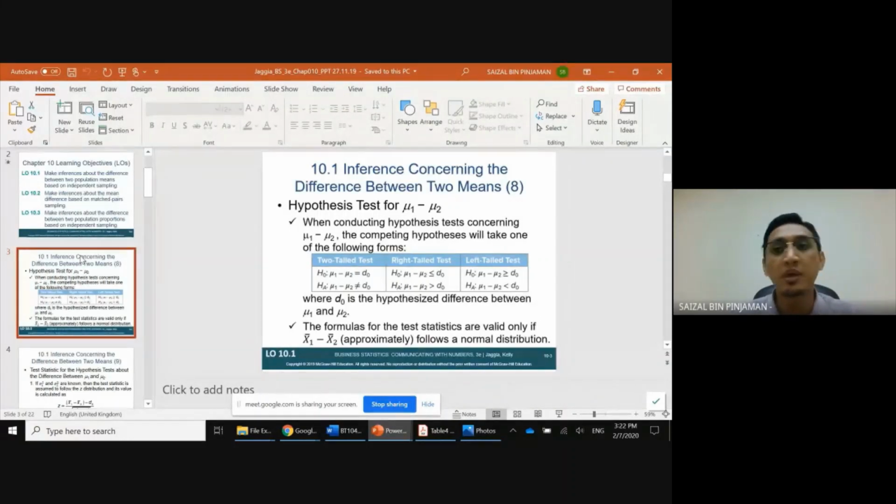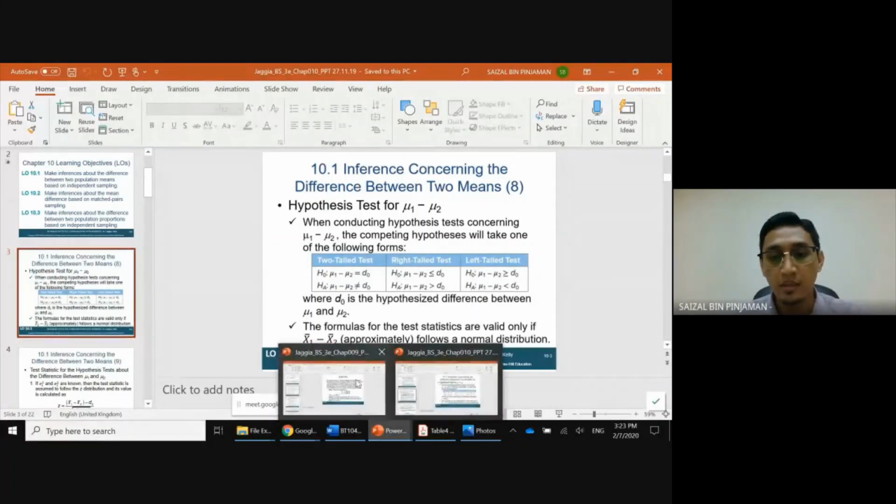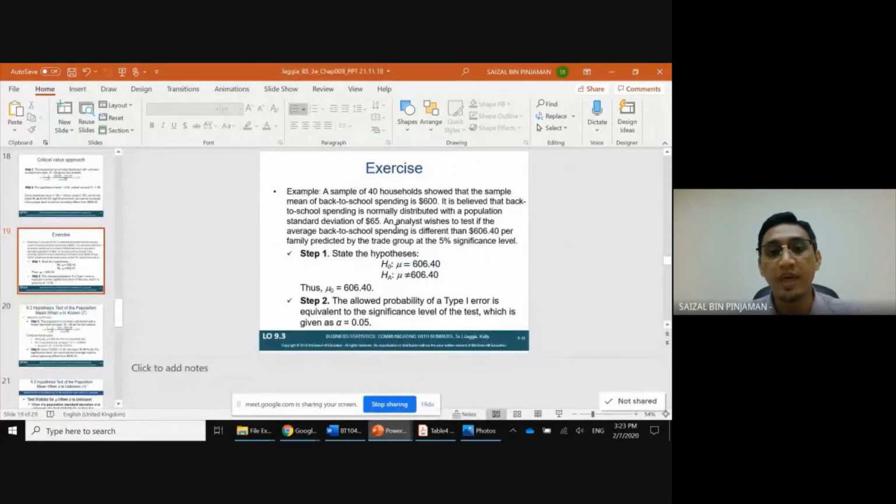All of this information can be used as the status quo, just like what we have discussed before, where a certain trade group believes that the average spending for a family to go back to school is equal to 606. That will become our hypothesis null.